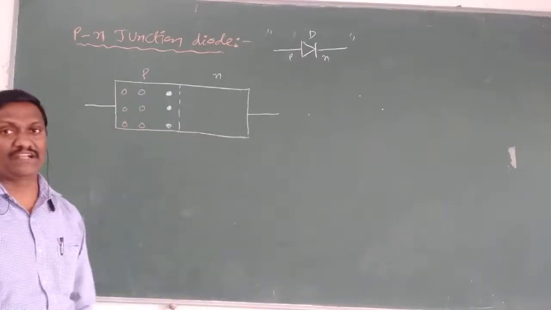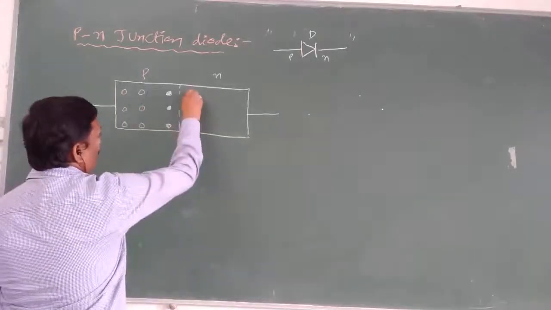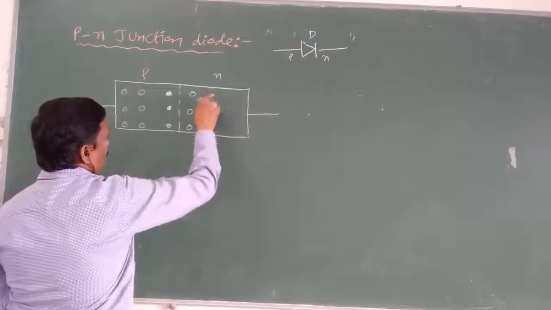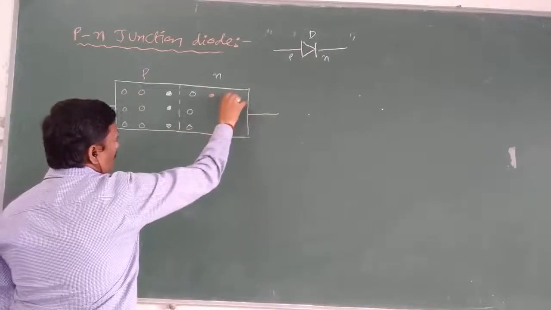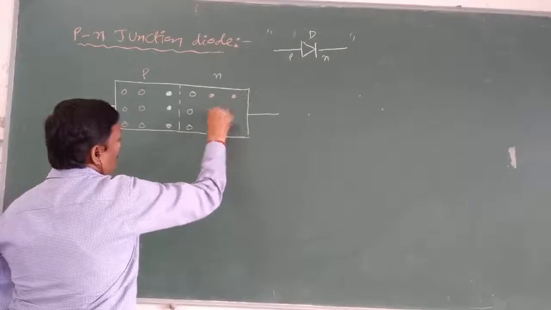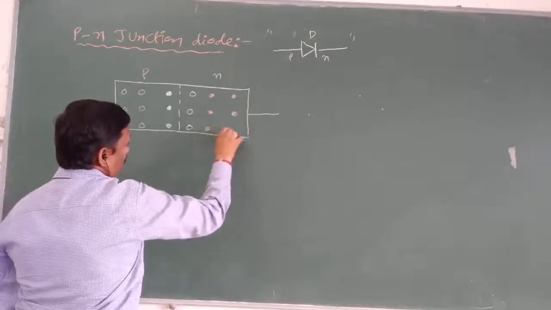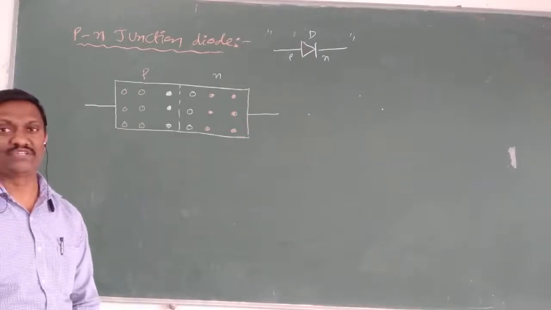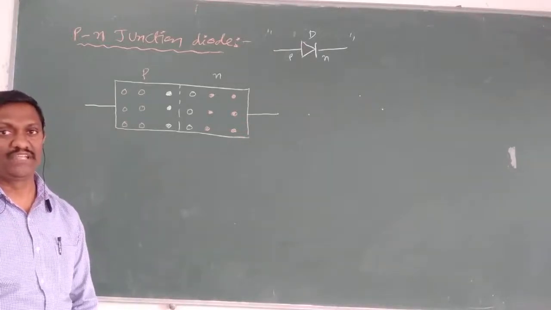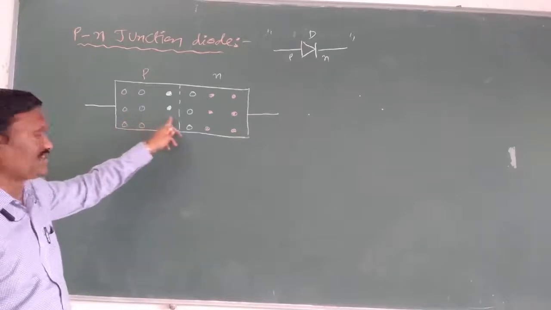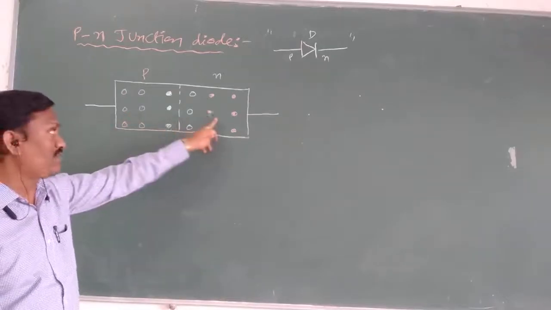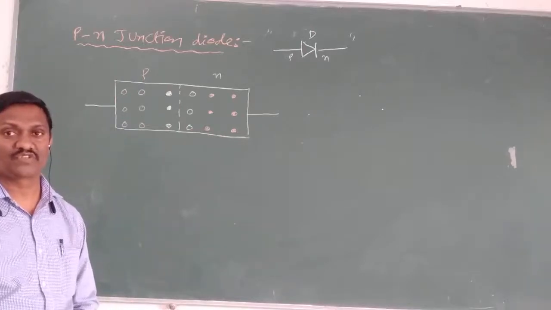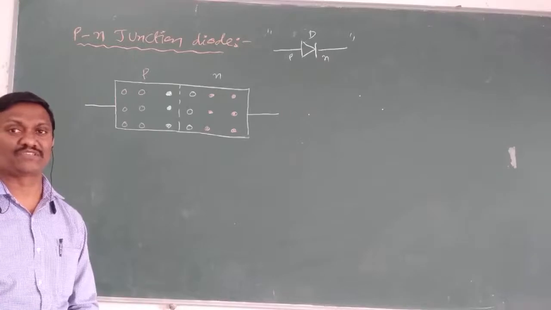Similarly, in an n-type semiconductor, holes are minority carriers and electrons are majority carriers. Simply put, in p-type, holes are majority and electrons are minority. In n-type, electrons are majority and holes are minority carriers. So that is the general diagram of a p-n junction diode.